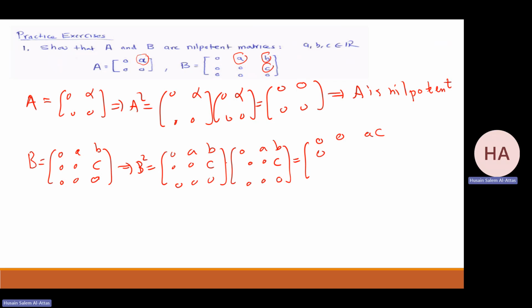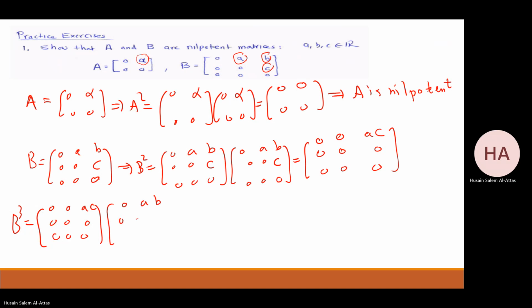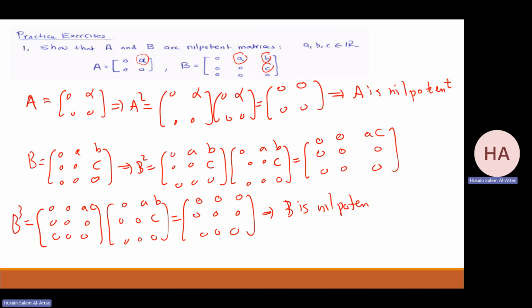Now this one will be 0, 0, 0, 0, 0, 0 except for the entry ac. What will be B cubed? It will be 0, 0, ac, 0, 0, 0, 0, 0, 0 times B. Notice I'm doing it for any a, b, c. You're getting 0, second column 0, 0. The rest are 0. So very clear, B is a nilpotent matrix.